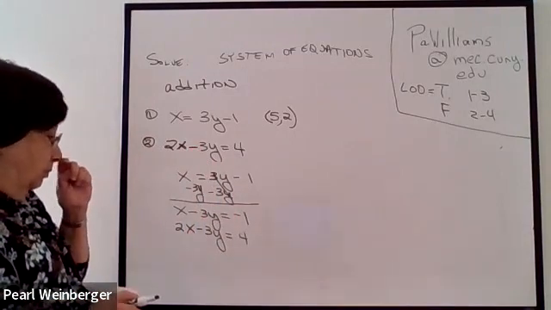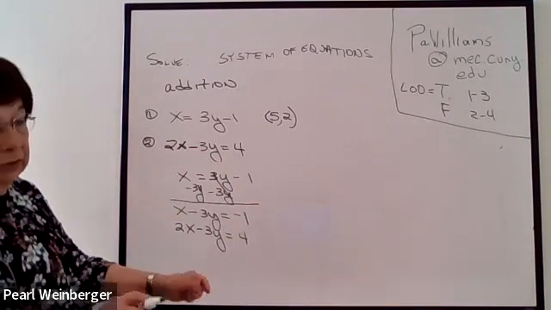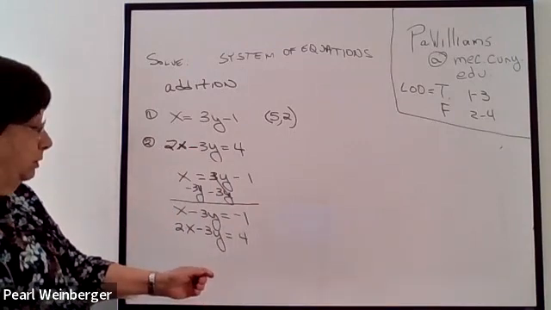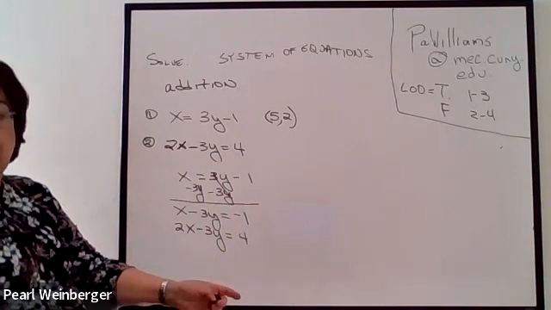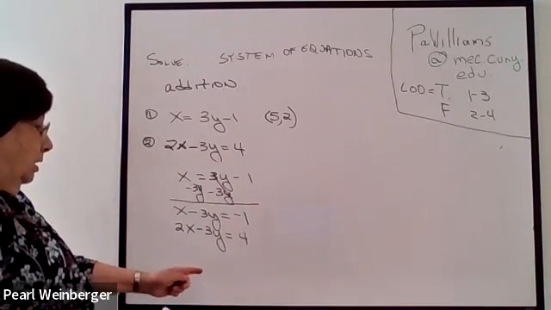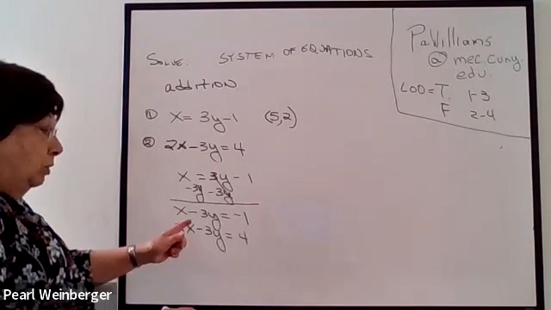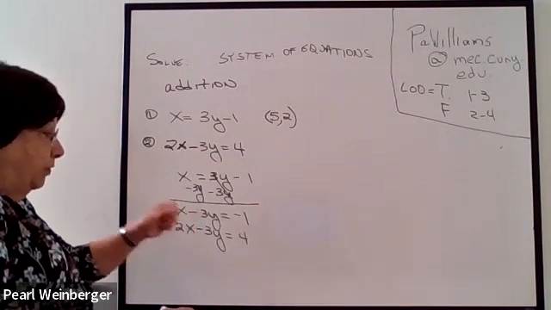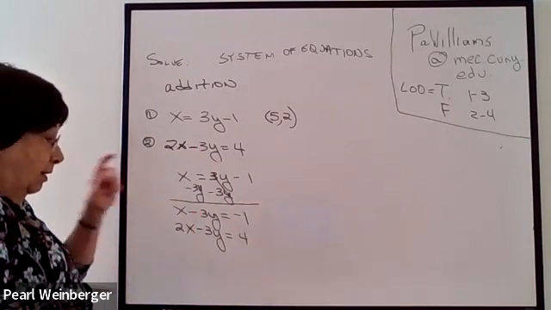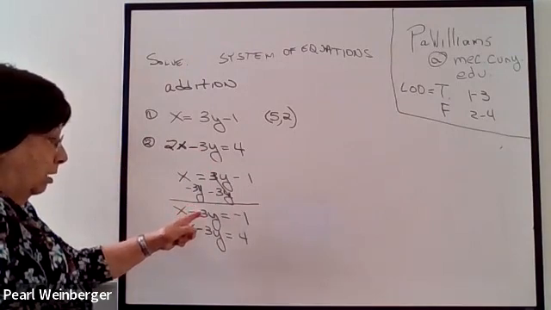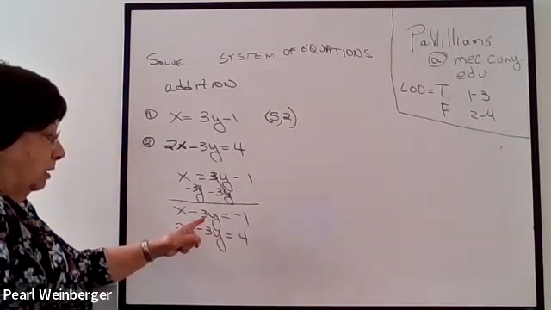So let's decide we want to get rid of the y's. I'm just using y's because it looks a little bit easier. And if you notice, I don't really have to multiply by anything because they already are the same number.